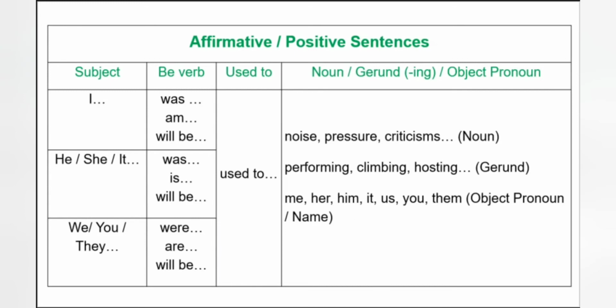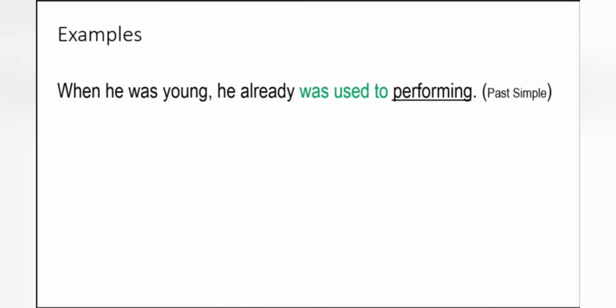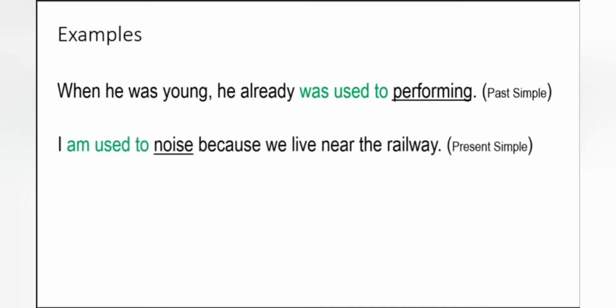Okay, to understand it better, here are some examples. When he was young, he already was used to performing. I am used to noise because we live near the railway.